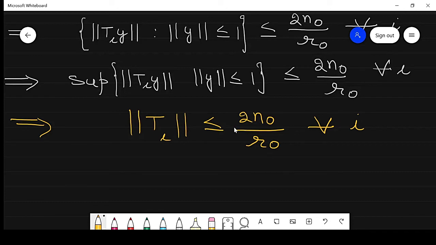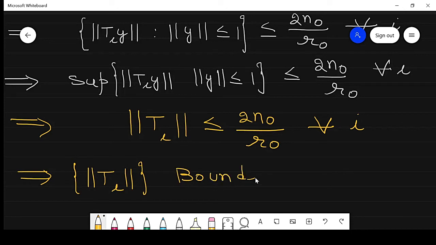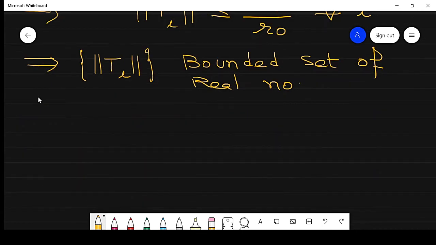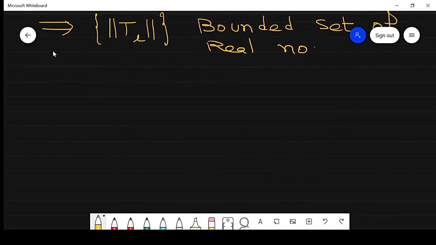It is a bounded set, a bounded set of real numbers, which proves our result, the uniform boundedness principle, the uniform boundedness theorem.